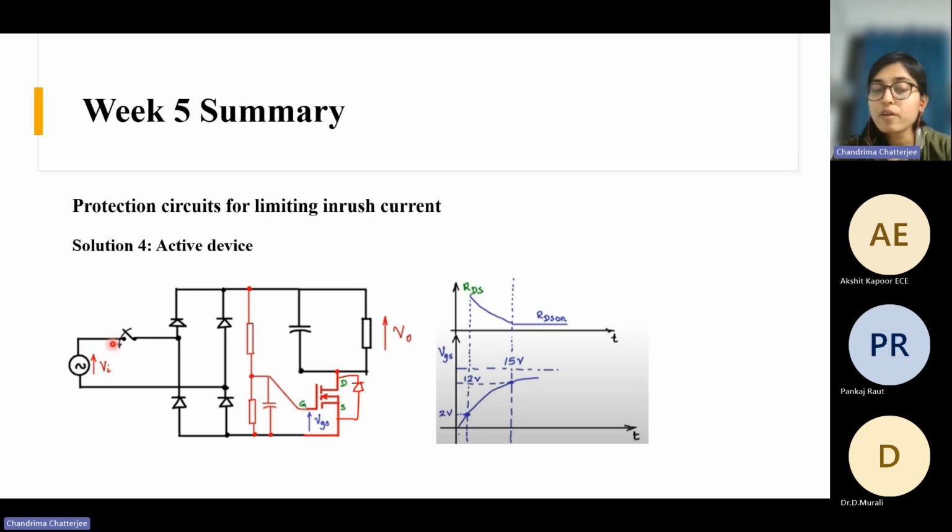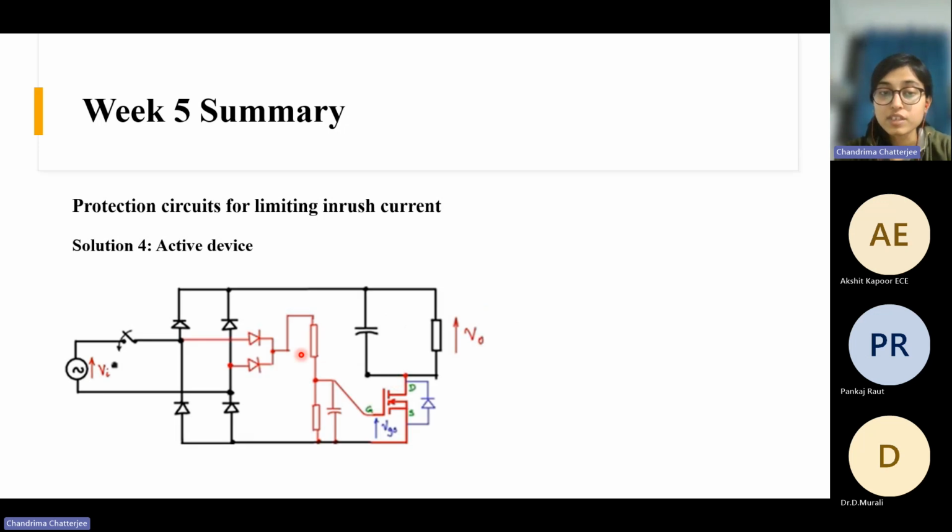So when the power comes back, it can't restrict the inrush current, because at that time the VGS voltage is already high, and that's why the RDS is very low. So it will not restrict the current, because the capacitor discharges through this path, through this body diode.